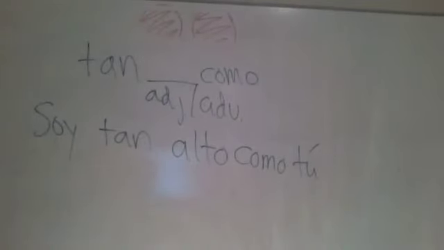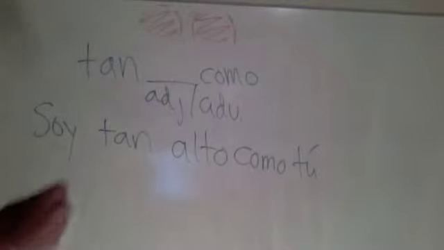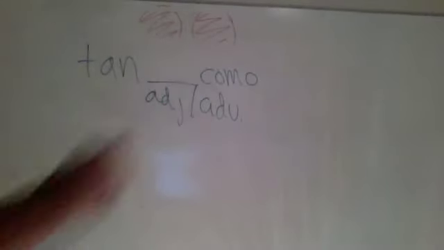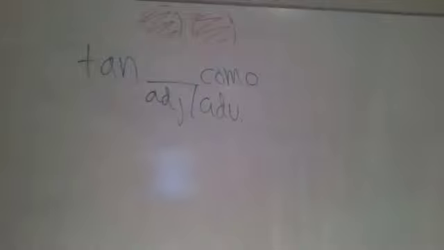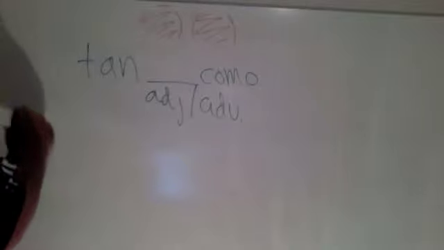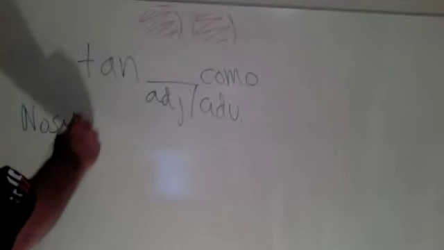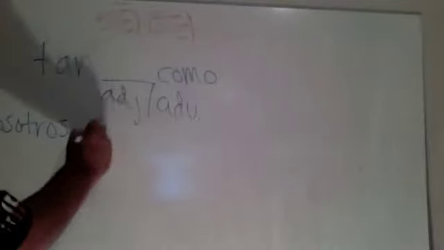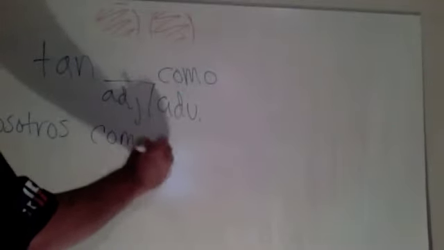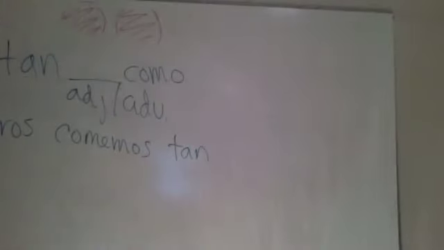What about the sentence, we eat as quickly as they do? Funny sentence, but quickly. That's not an adjective. Now it's an adverb. So we eat. Nosotros comemos tan, what was our adverb?